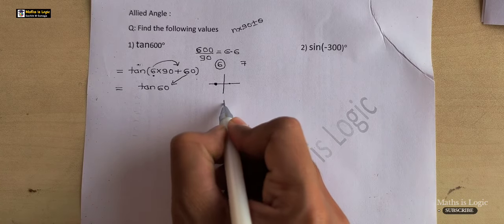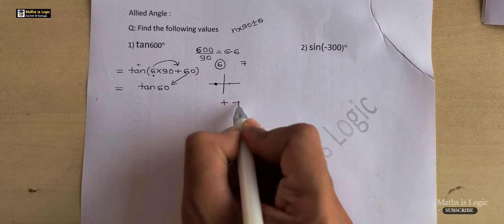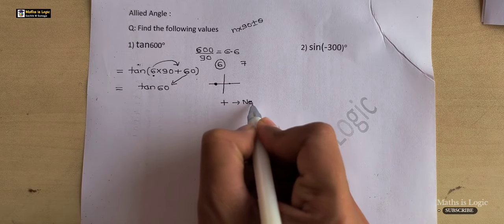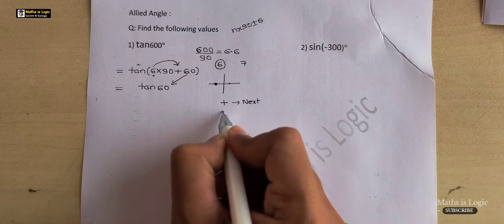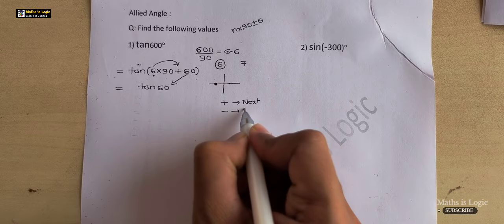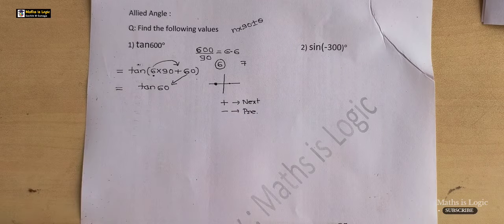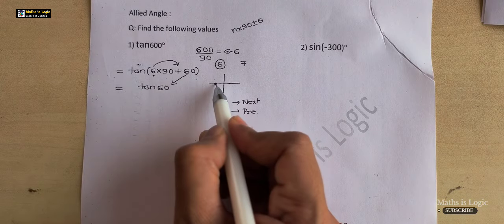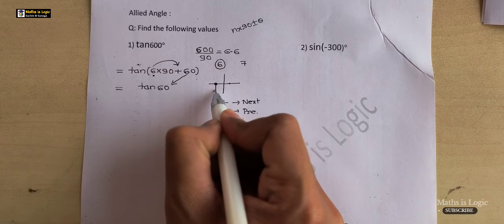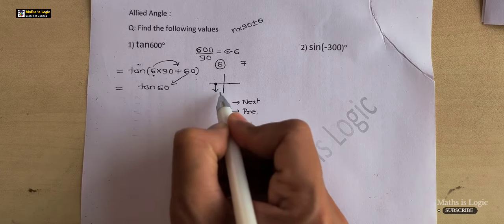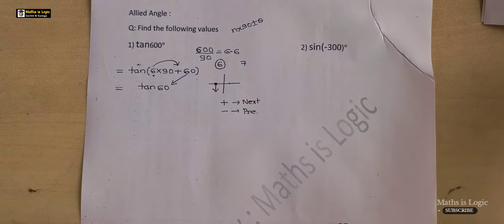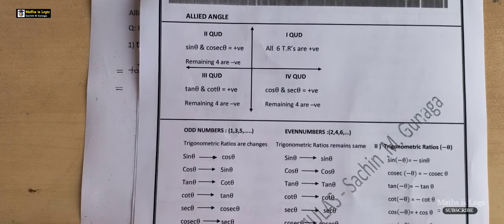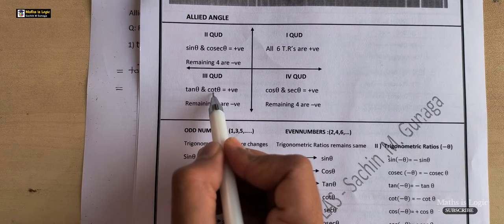Remember, if plus comes, it will jump to the next quadrant. If minus comes, it will go back to the previous quadrant. So here plus is there, till here 6 comes, plus means it will go to the next quadrant, that means the third quadrant. We know in the third quadrant tan and cot are positive, and the remaining 4 are negative.